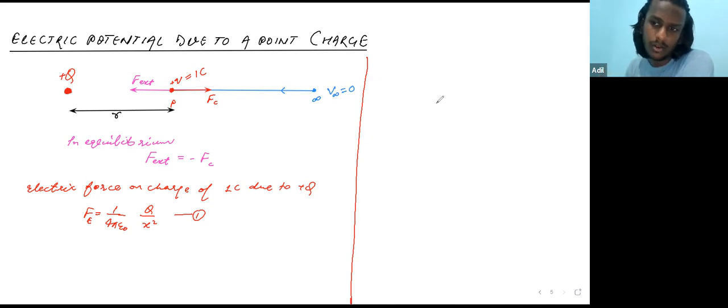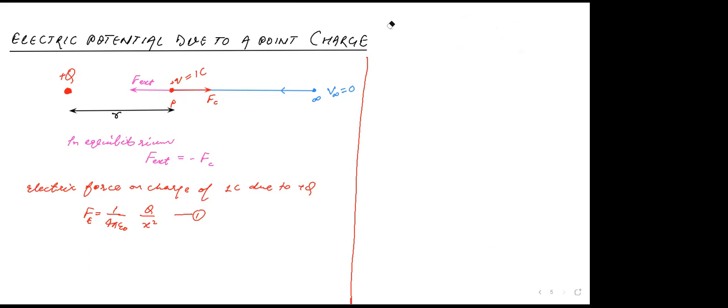The condition of work done is W is equal to F into S. When a force is applied upon a body and the body is also displaced, then you can define a work here. Are you clear?